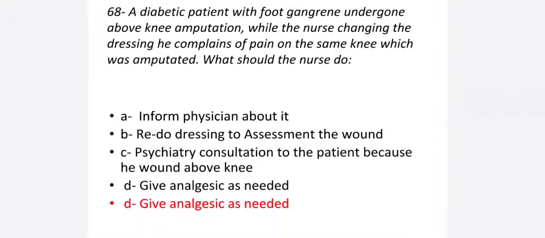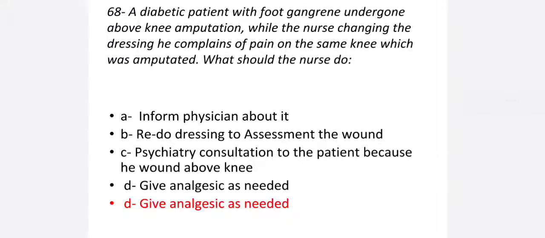Question number 8. A diabetic patient with foot gangrene has undergone above knee amputation. While the nurse is changing the dressing, he complains of pain in the same knee which was amputated. What should the nurse do?